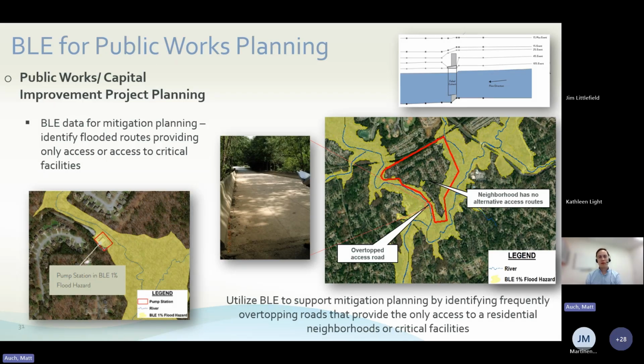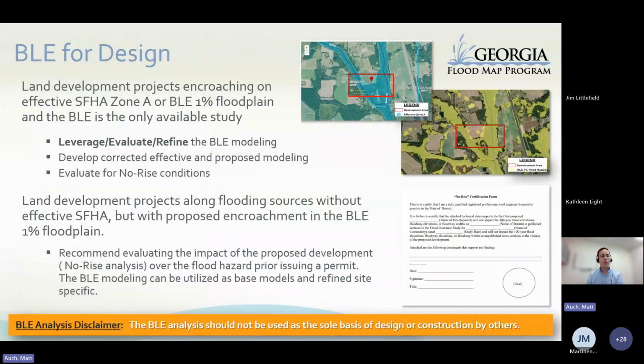And again, this BLE doesn't replace the standard engineering design process, but it gives you some information before that process starts to give you some high-level decisions. But there are ways you can use it in design.